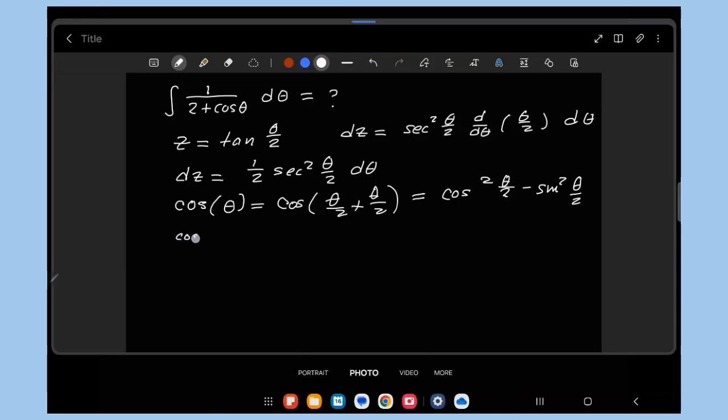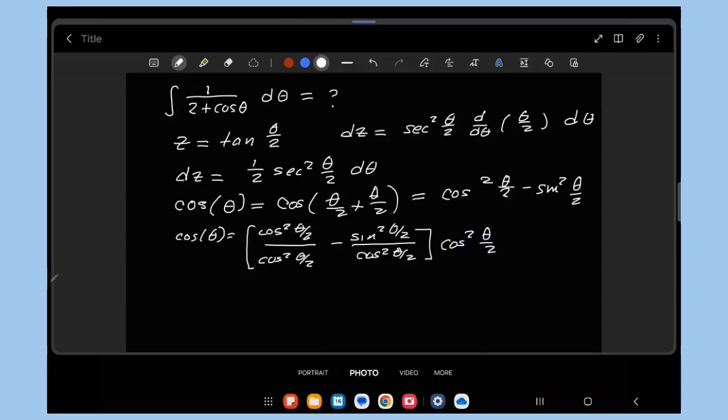So we can write the cosine of theta as the cosine squared of theta over 2 divided by the cosine squared of theta over 2 minus sine squared of theta over 2 divided by cosine squared of theta over 2, and this whole thing then multiplied by the cosine squared of theta over 2.